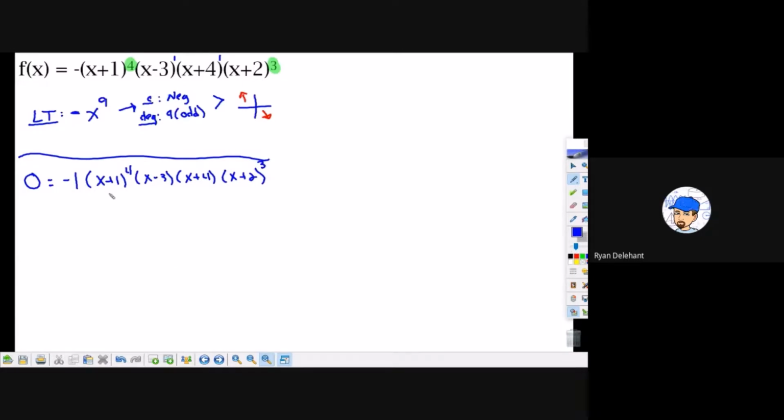That's why we can group it together. So this still tells me that it's going to have an x-intercept at -1. This still tells me this is going to have an x-intercept at +3, -4, and -2. So far, we know our graph.